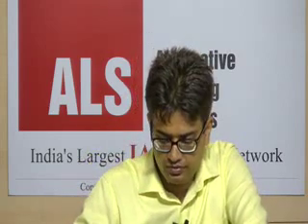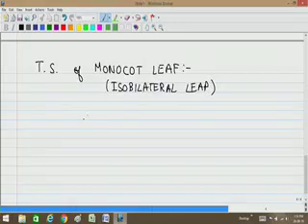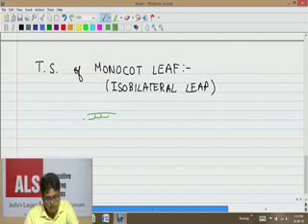Alright. So let's draw it now. It's quite easy compared to the dicot leaf. No such bit of an issue. Alright, so let's draw. We'll draw stomata on both surfaces here. So this is the first stomata on the upper leaf surface.